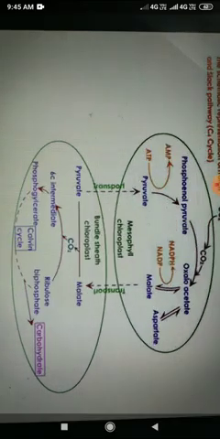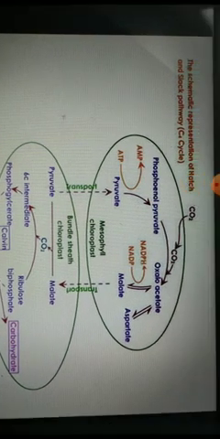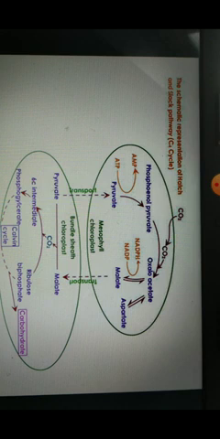This is the schematic representation of the Hatch and Slack pathway. The upper cell that you are seeing is a mesophyll cell or mesophyll chloroplast, and the lower one is a bundle sheath chloroplast. So this C4 cycle takes place in both mesophyll as well as bundle sheath chloroplasts. What happens first?